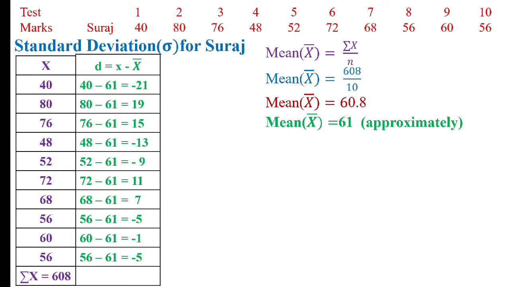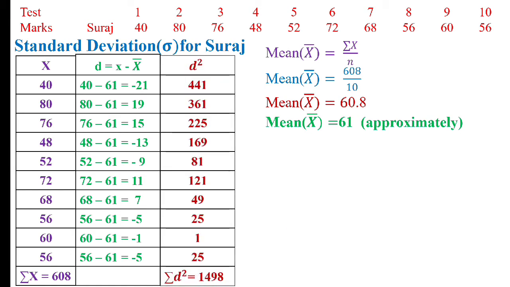We know the standard deviation formula. As per that, we need to square the deviations, d square. 21 square is 441, 19 square 361, 15 square 225, 13 square 169, 9 square 81, 11 square 121, 7 square 49, 5 square 25, 1 square 1, 5 square 25.